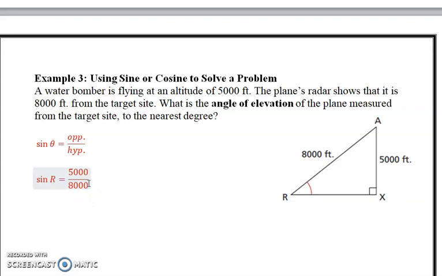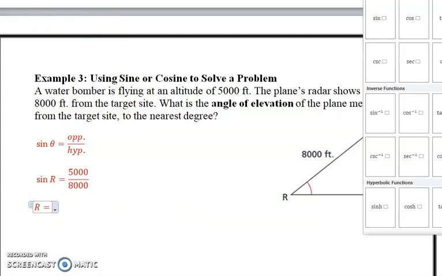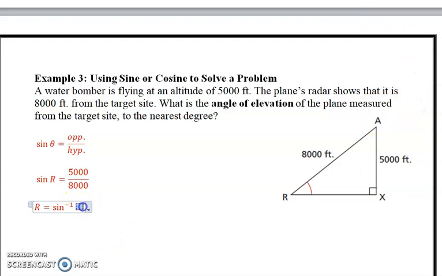So then what we're going to do is calculate that value. So remember, now we're going to do the inverse function on our calculators. So R is equal to, on our calculator, we punch in sine -1, the second function.